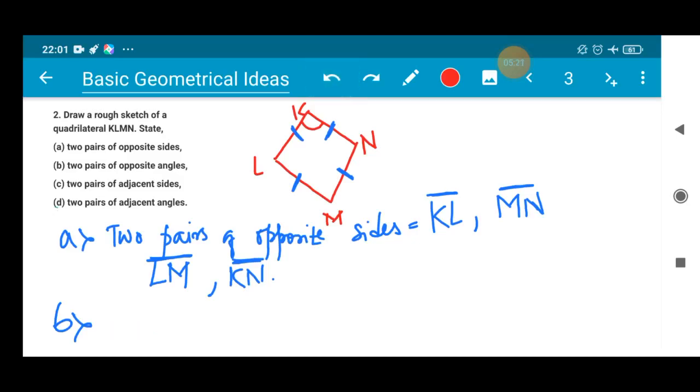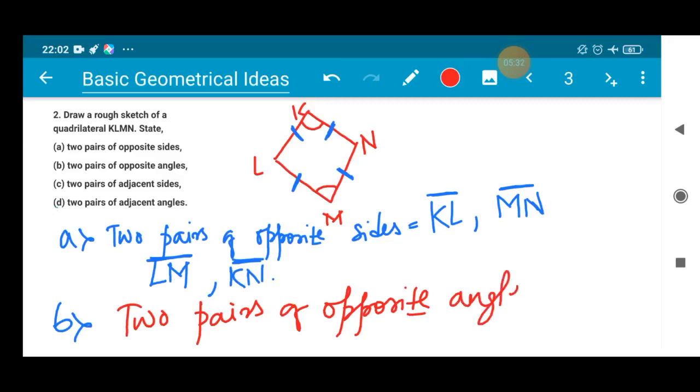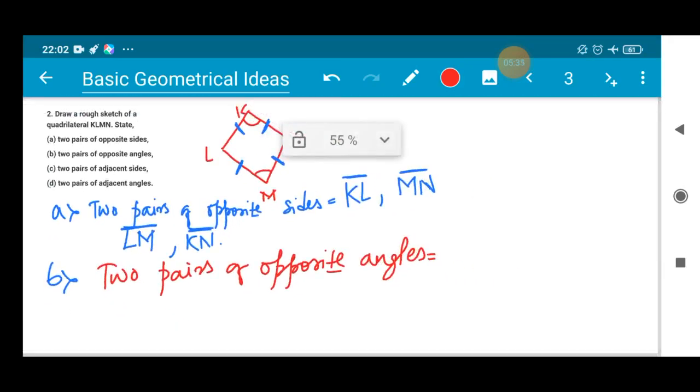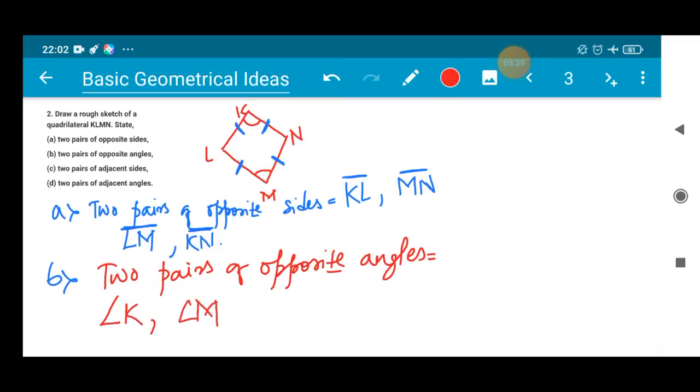If I consider angle K in this quadrilateral, the opposite angle will be angle M. So the two pairs of opposite angles are angle K and angle M, and angle L and angle N, right?